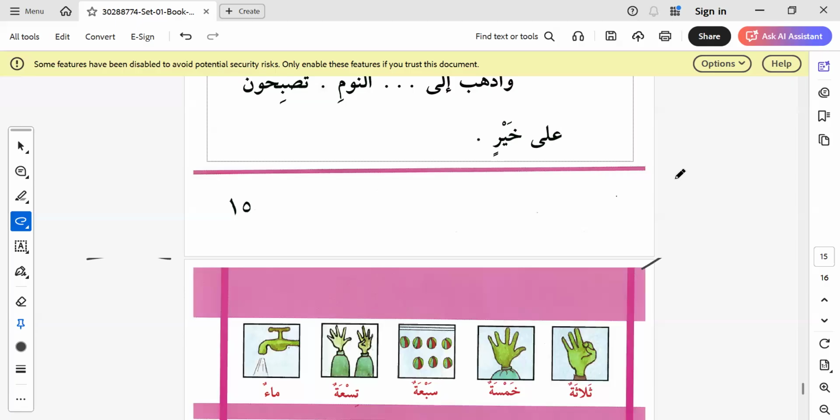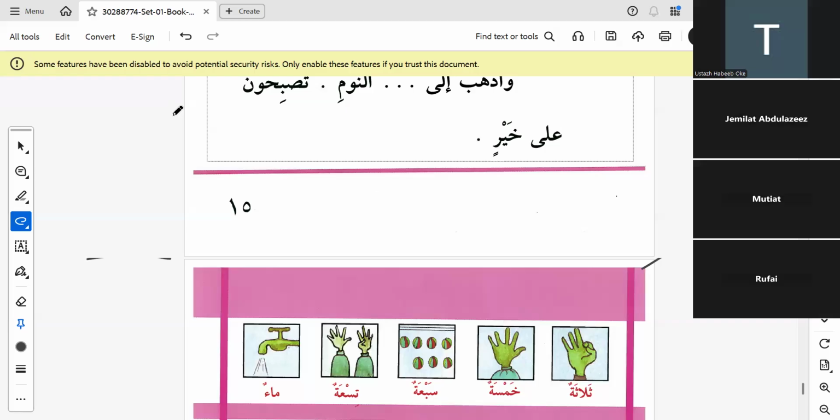Now, how do we say three feminine students? Three feminine students. That still goes to Sister Mutia. You did well with the one?